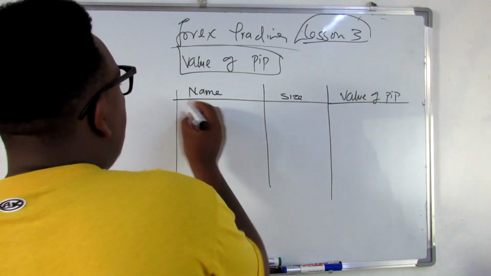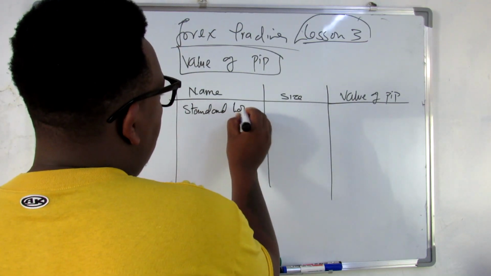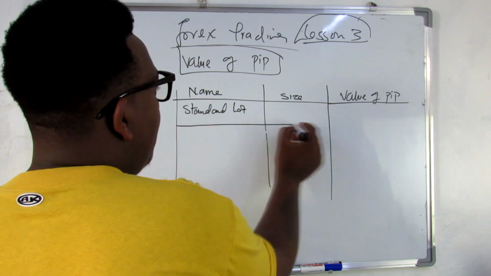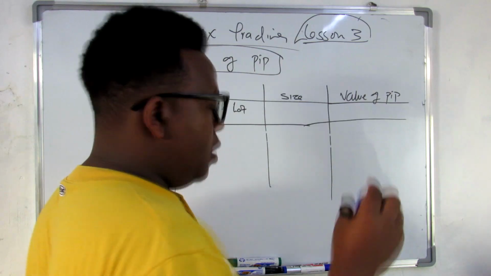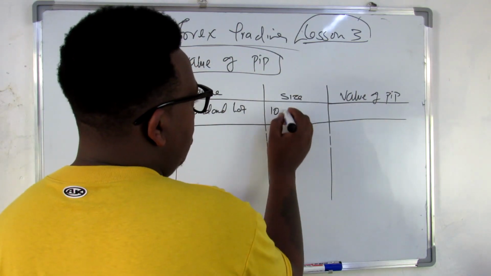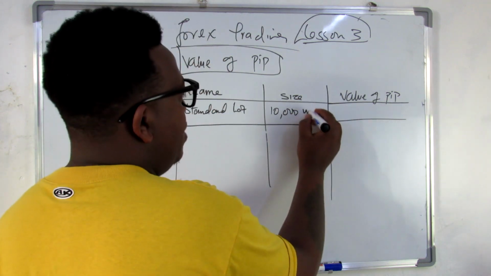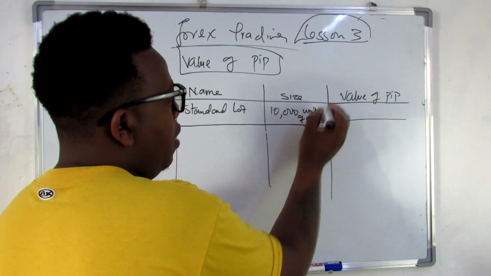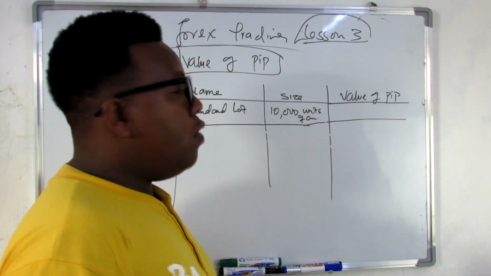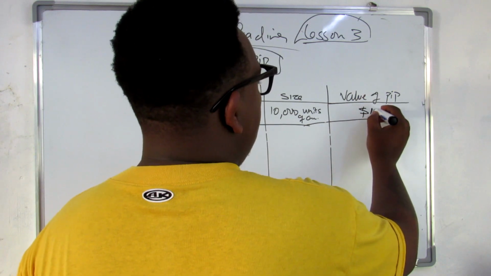To start with, we are going to start with something called the standard lot. With the standard lot, the size, the number of units, is usually 10,000 units of currency, and the value of pip in this case is usually $10.